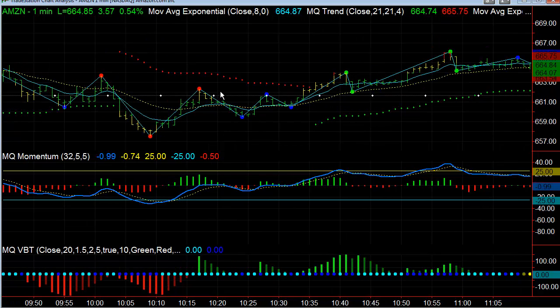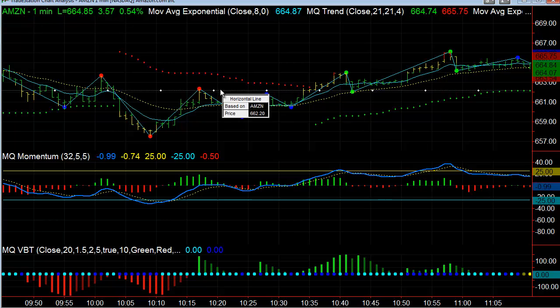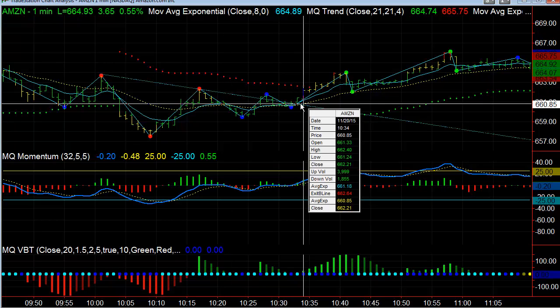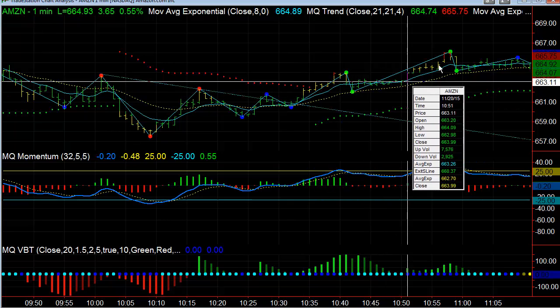Another way to use it is to place it right here, right around where you would think the neckline would be. Okay, now you could do it on a horizontal basis, or you can connect the neckline like this with a trend line from this high to this high, and then once we start to break above it, right around here, you can enter, and it would carry you higher.